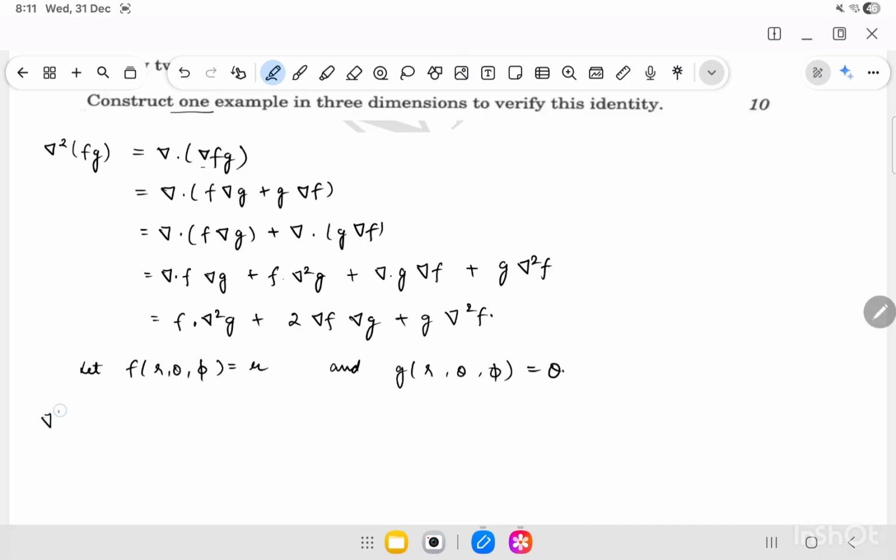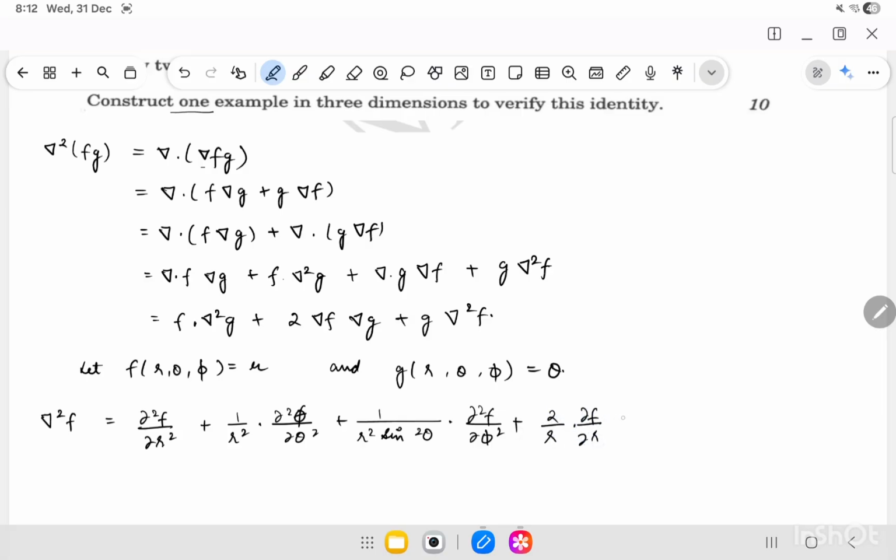Now del square of f is basically equal to del square f by del r square plus 1 by r square times del square f by del theta square plus 1 by r square sine square theta times del square f by del phi square plus 2 by r times del f by del r plus cot theta divided by r square times del f by del theta.